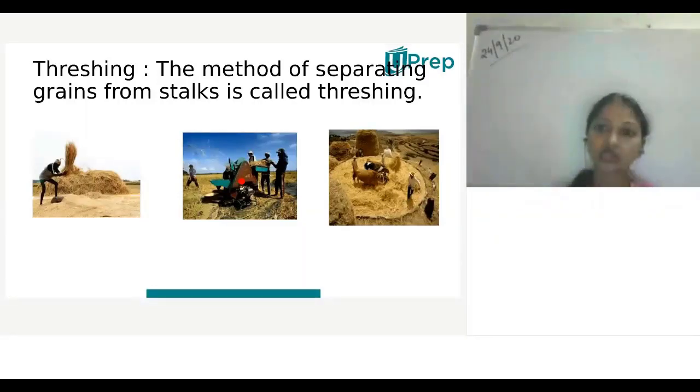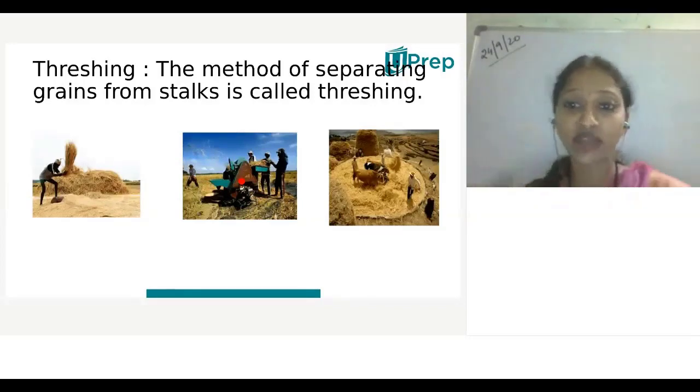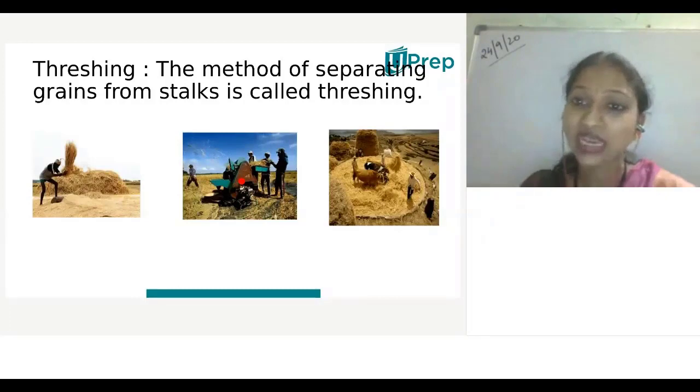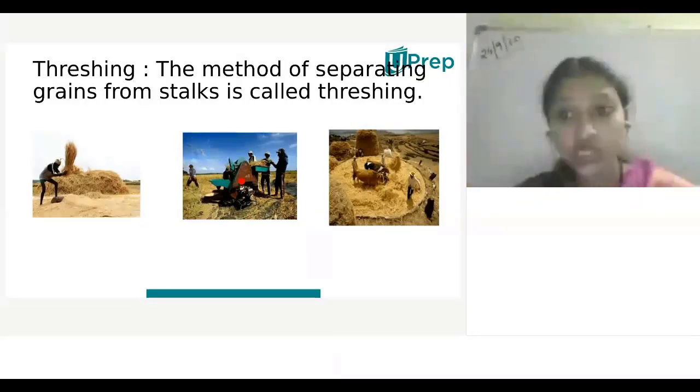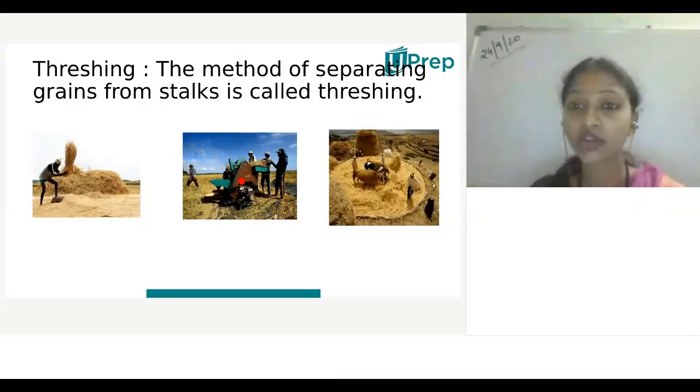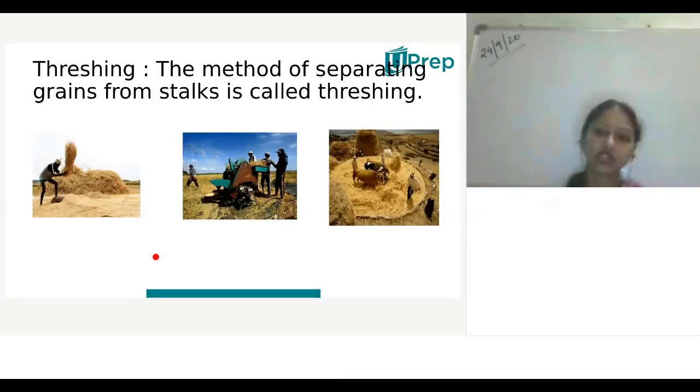Yes, sometimes they spread the stalks on the road so that when vehicles move, they separate easily. And with the machine, you insert the stalks and the machine itself separates them. The machine is more effective because it separates a huge quantity of grains from the straw within very little time. Threshing is used to separate solid and solid mixtures.